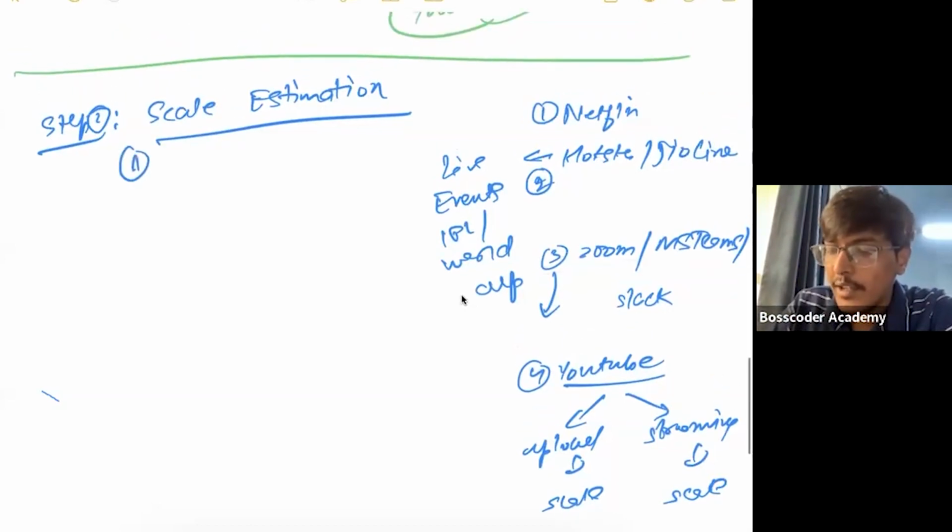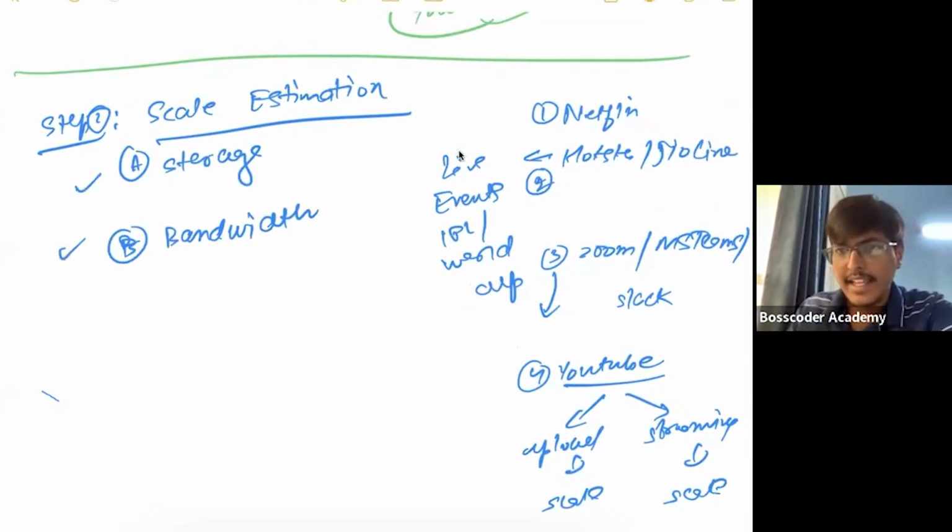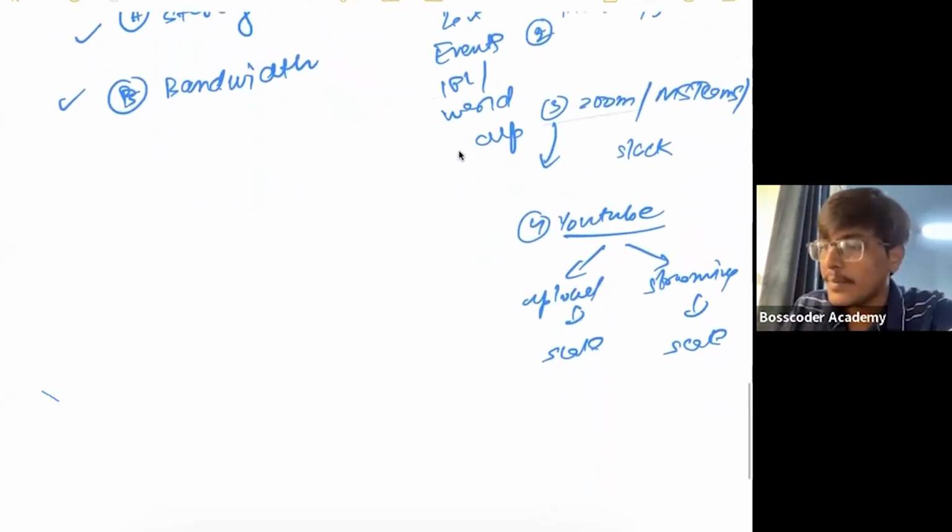One of them is your storage requirement, and the second part is your bandwidth, right? Does this make sense? So whenever you are designing a streaming platform or anything like this, think of these 2 things, storage and bandwidth. What do they actually mean? Let's talk about them in some detail.